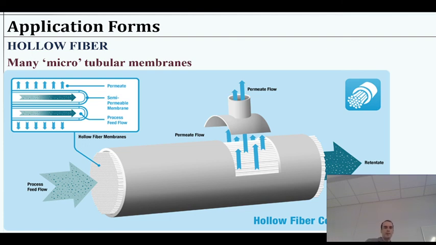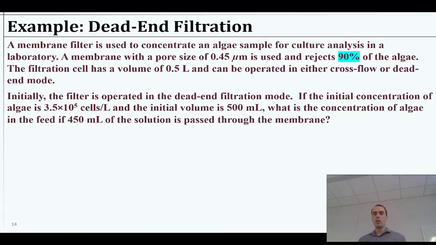Otherwise, it operates in the exact same manner, and it's simply higher surface area. So there are a few more physical constraints here, obviously. Things to worry about. You wouldn't want to crush any of them and prevent flow or something like that. But it is used quite often as a technology.